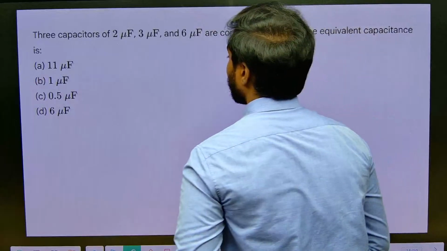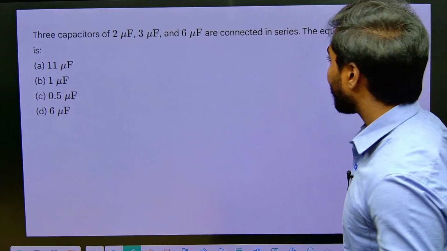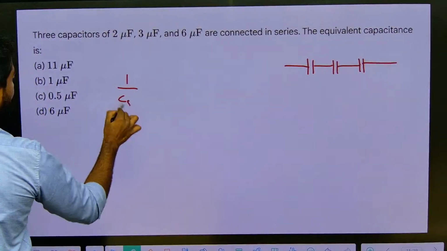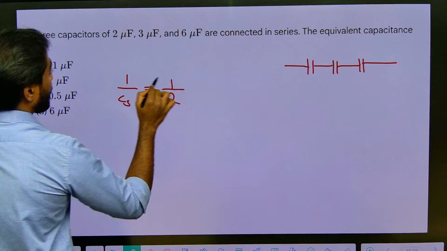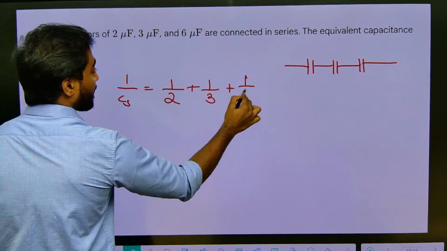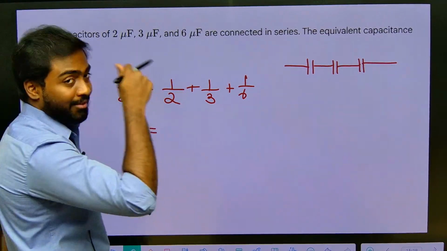So next question, 3 capacitors of 2 microfarad, 3 microfarad, 6 microfarad are connected in series. So what is the equivalent? 1 by C will be equal to 1 by 2 plus 1 by 3 plus 1 by 6. I can take the LCM as 6 here.